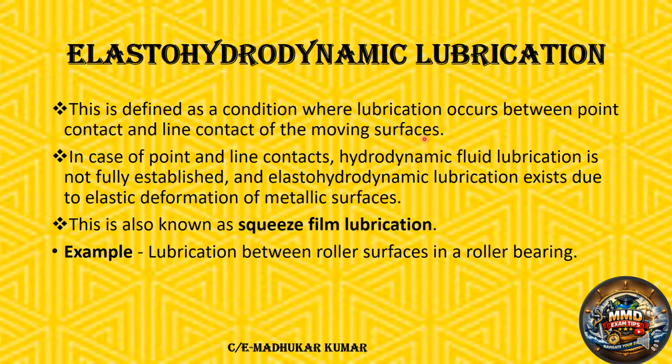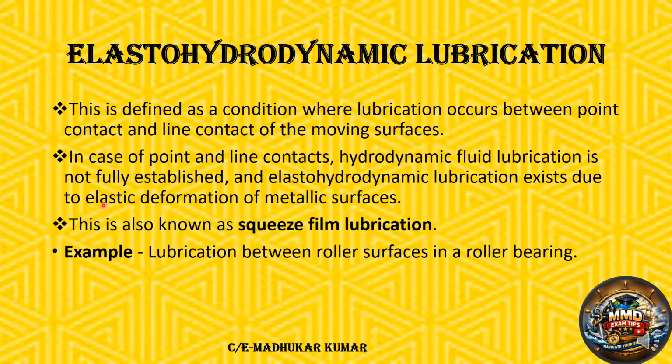In case of point and line contacts, hydrodynamic lubrication is not fully established. So why are we talking about the point contact and the line contact? Because hydrodynamic lubrication does not get established fully, and elasto-hydrodynamic lubrication exists at that point due to the elastic deformation of metallic surfaces.